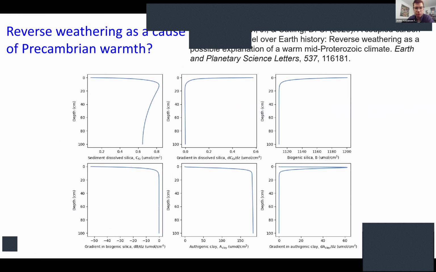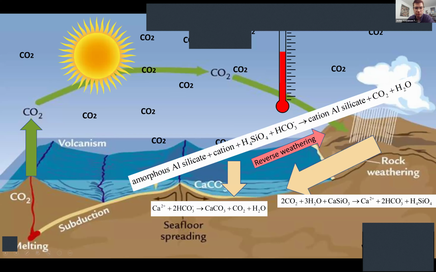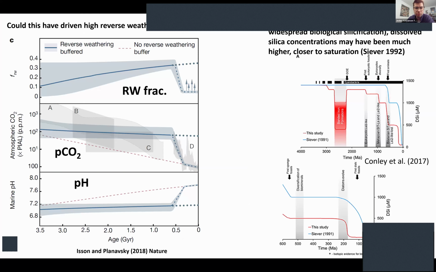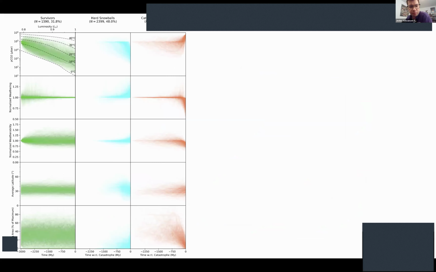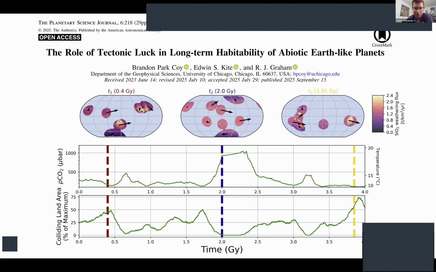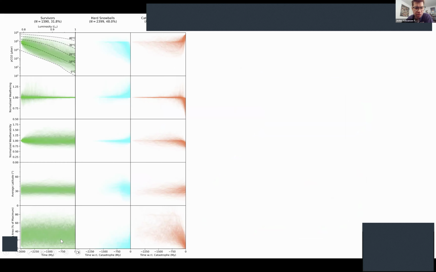Here it is. And I should clarify, this is not my work at all, but I just thought this was a really interesting exploration. So in these model runs shown here, there's no seafloor weathering at all, which is why you get these runaway warming and runaway cooling scenarios, because you occasionally get into a situation where a continent hasn't collided for a while, or too many continents are colliding.